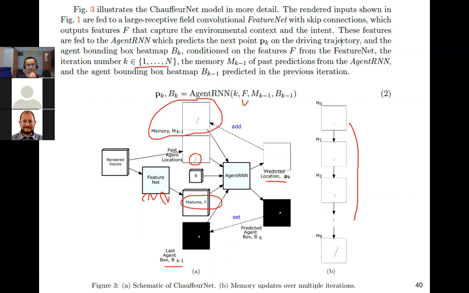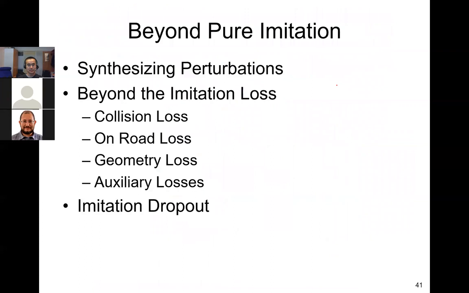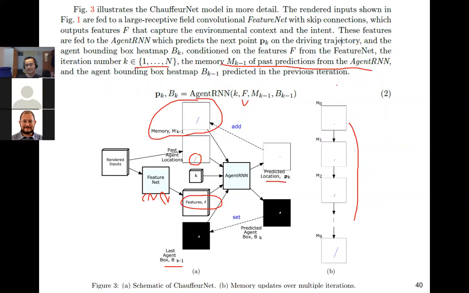Recent past, no, this is the past agent location. The memory module is recent predictions. Yeah, the memory of past predictions from the agent RNN. So if you're not familiar with RNNs, the details are not important.